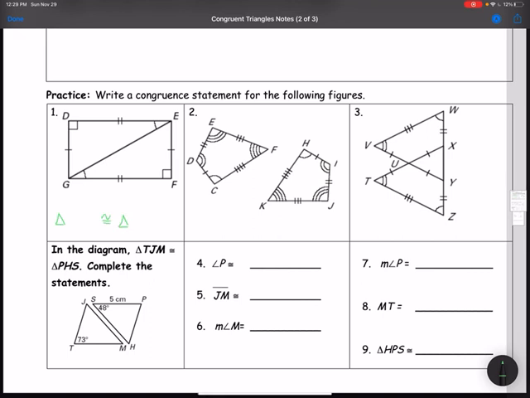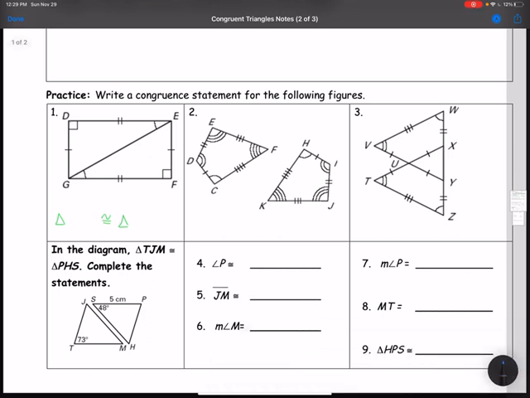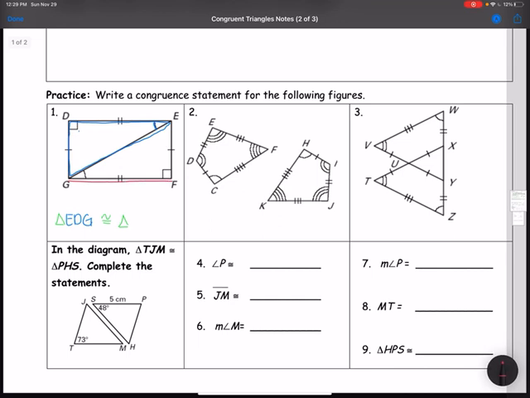So I'm going to pick one triangle to start with, and I'm going to pick this one here. And I'm going to look at the angles. So E has an arc mark, D has the 90 degrees, and then G is unmarked. So I'm just going to write it in that order, E, D, G. So now when we're looking at the second triangle, which is down here, we have to look for those same type of markings.